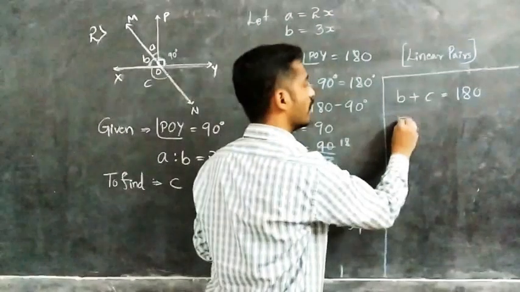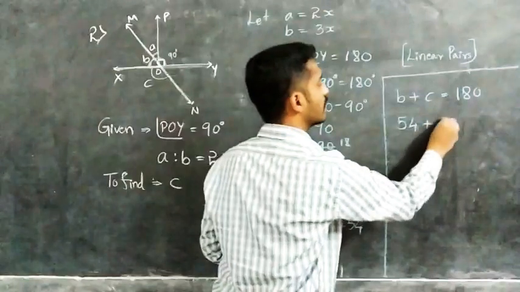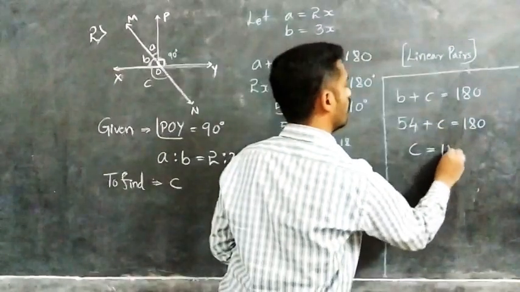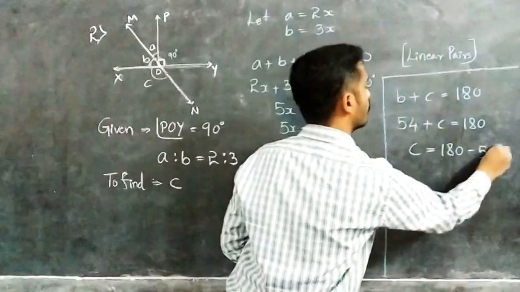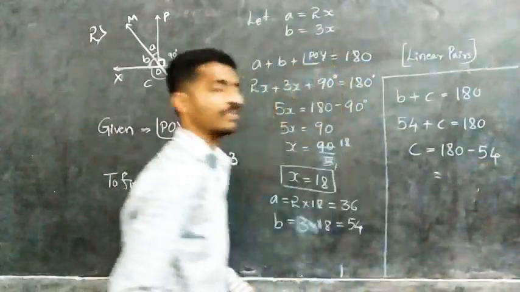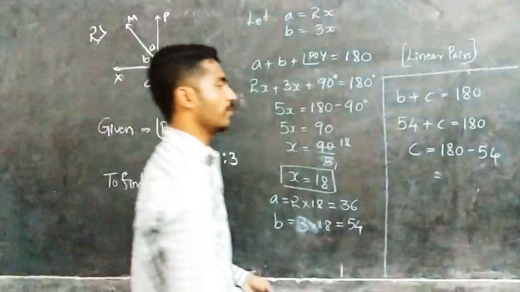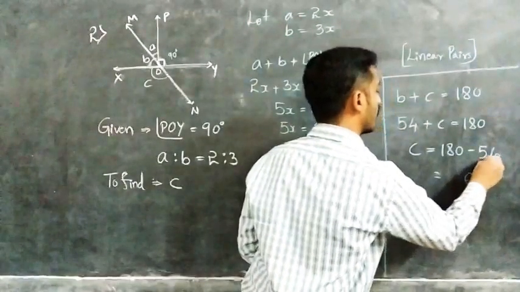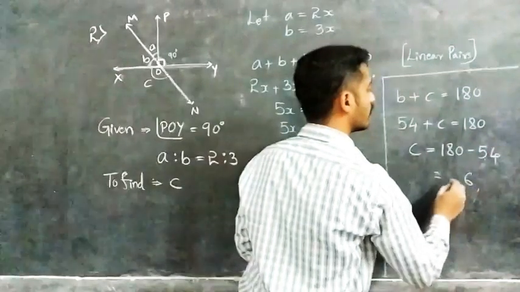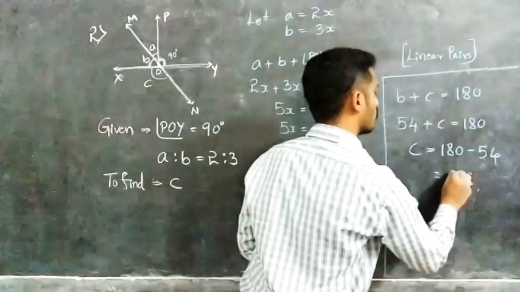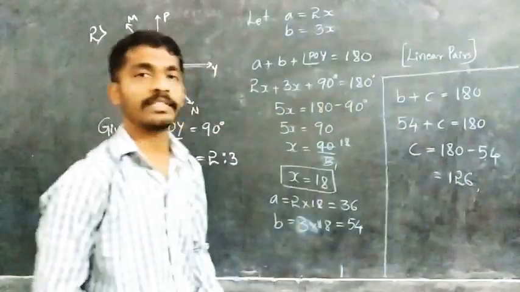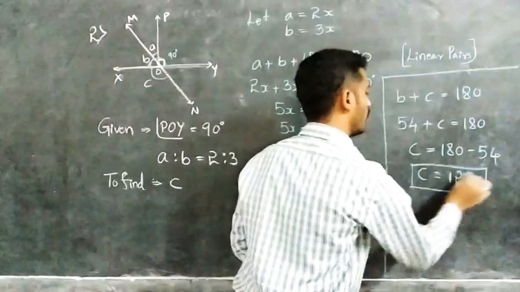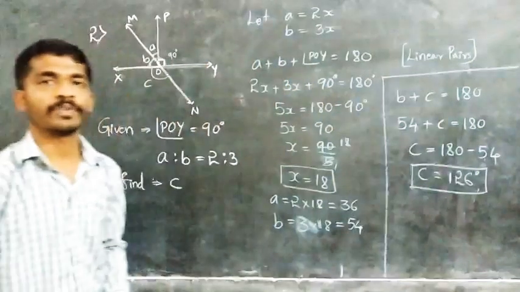So B is 54 plus C equal to 180. C equal to 180 minus 54. So 180 minus 54, how much we will get? Here we will get 10 minus 4, that is 6. Carry 1. So 8 minus 6, that is 2. So 126 degree. So our answer C equal to 126 degree.